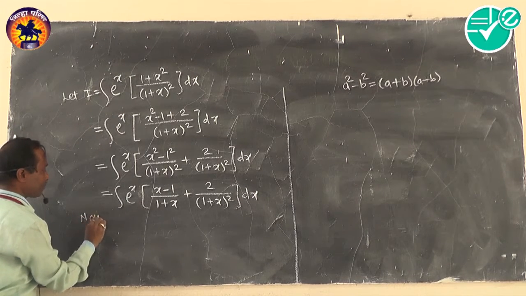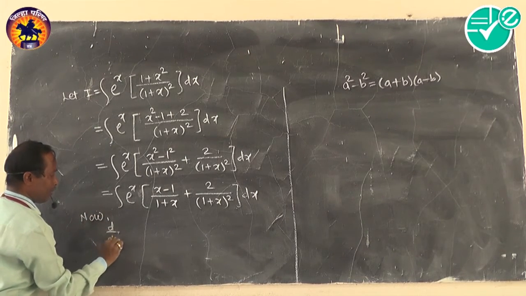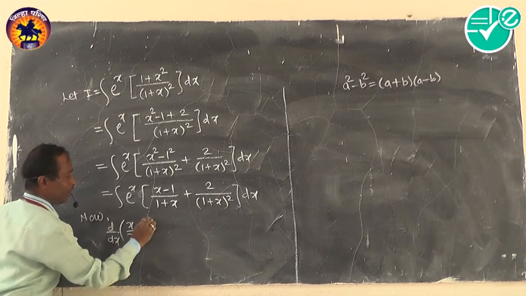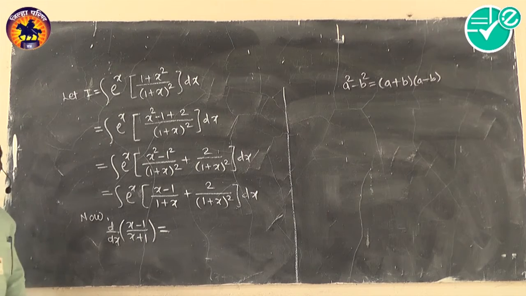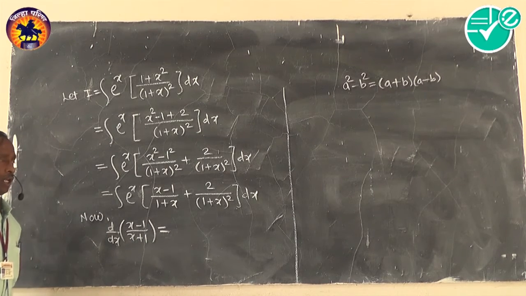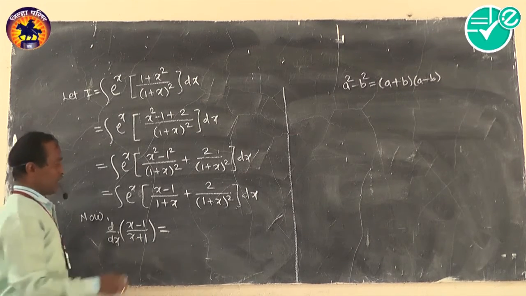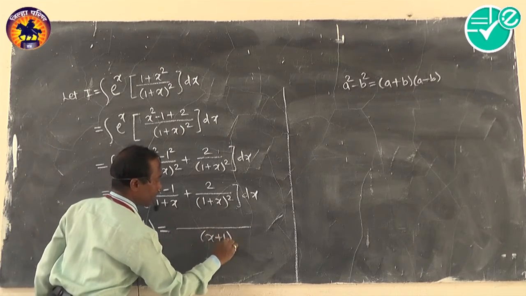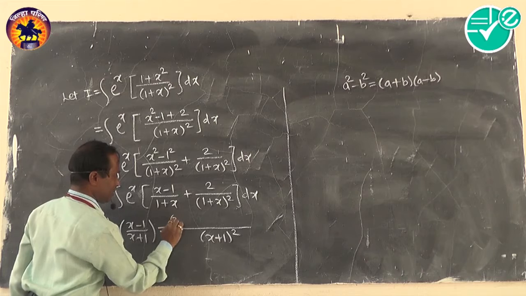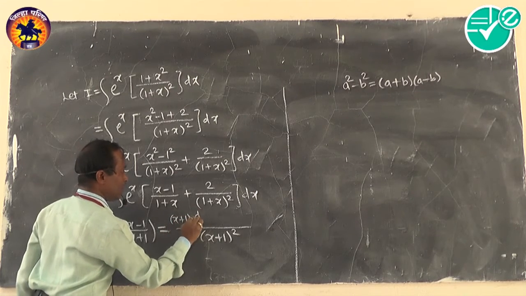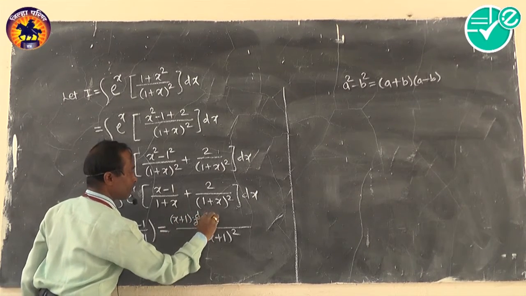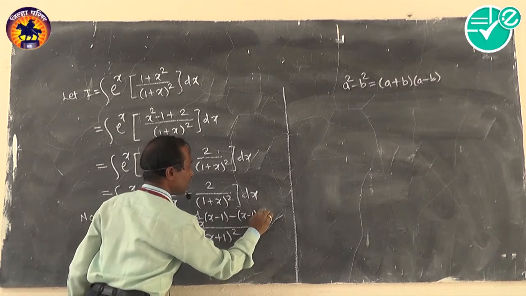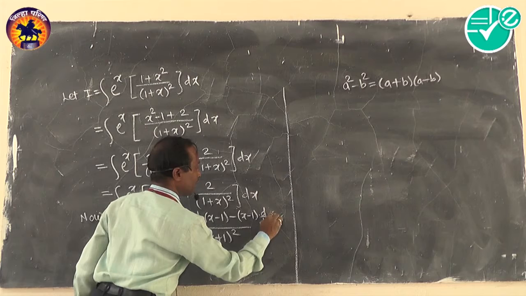Now we take d by dx of x minus 1 upon x plus 1 by using the quotient rule, derivative of division of two functions. So we get denominator square, denominator as it is, derivative of numerator minus numerator as it is, derivative of denominator.